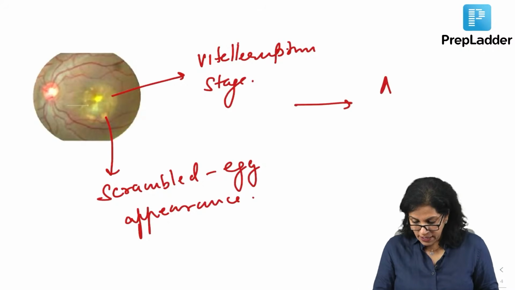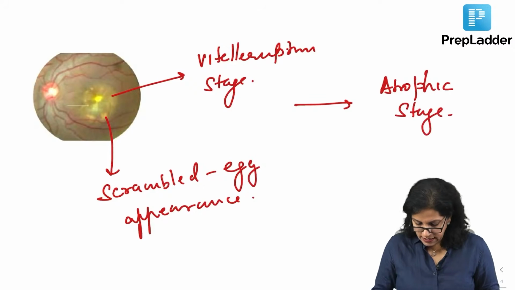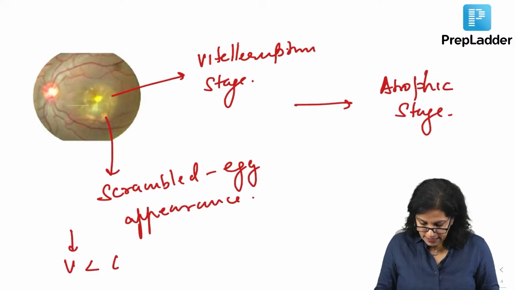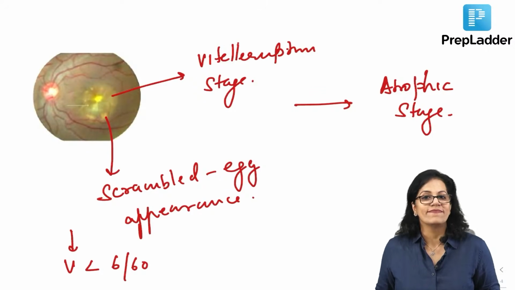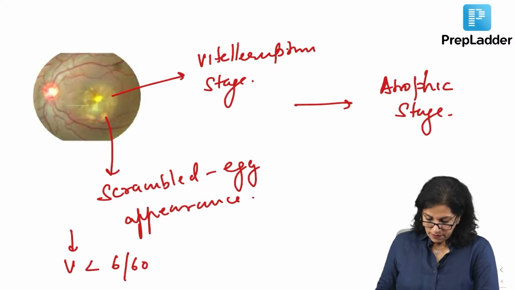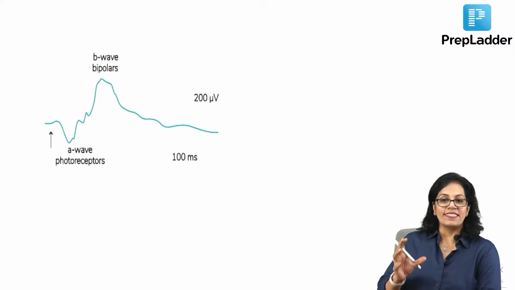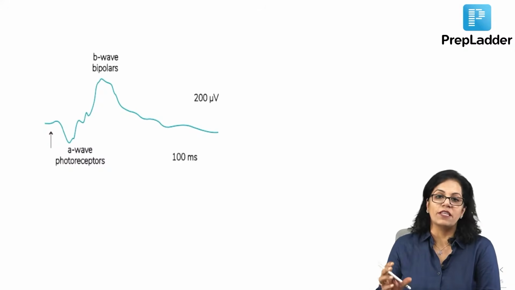After this comes the atrophic stage, where the vision goes less than 6/60, right? We all know this is mainly a genetic problem.